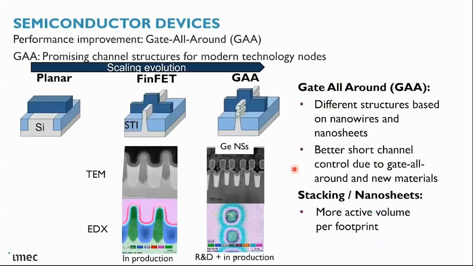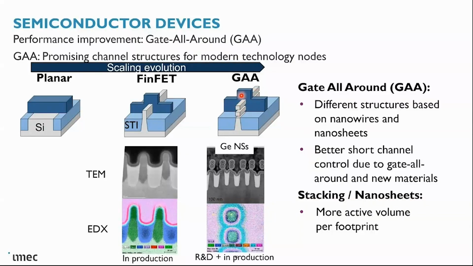As I said before, there are also different device architectures, and gate-all-around is one of these. So here I show you the scaling evolution of transistors from planar architecture to three-dimensional in FinFET to gate-all-around, where we obtain better short channel control due to the gate that is wrapping around the channel.